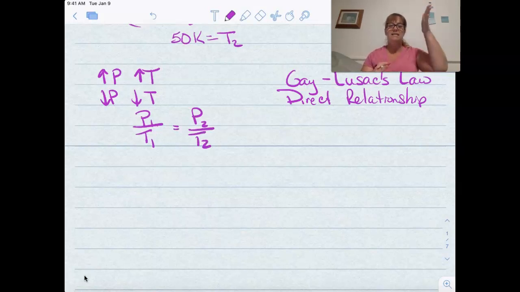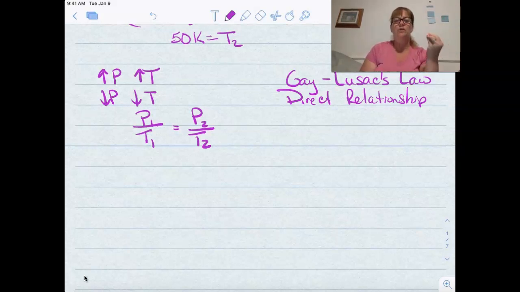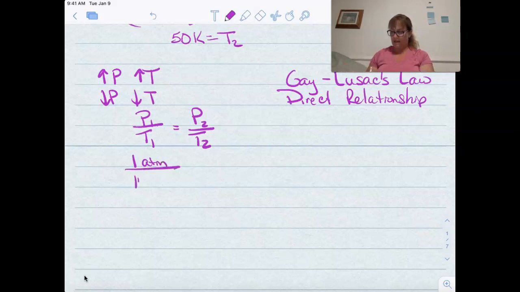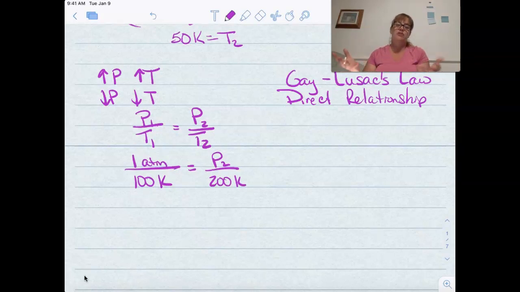So whatever my initial pressure and temperature situation is, if I keep that volume constant, I should be able to predict, if I change one of them, what it does to the other one. So let's look at this. If I start with 1 atmosphere of pressure at 100 Kelvin, and I increase that temperature to 200 Kelvin, could I predict what my pressure was going to be?